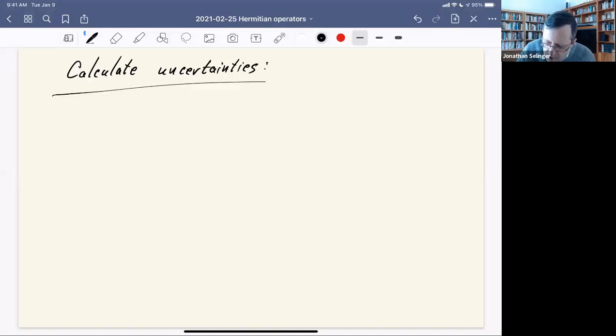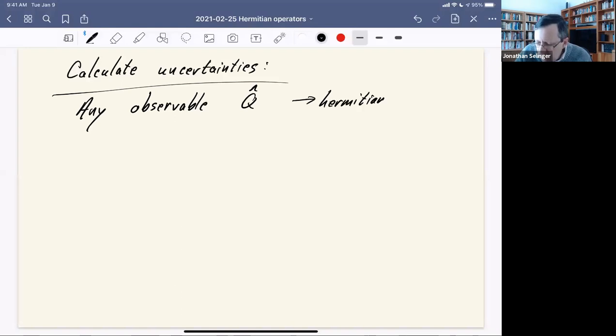Okay, so if we have any observable Q, which is a Hermitian operator, suppose I go to make an observation of this in some state psi. It has an average.